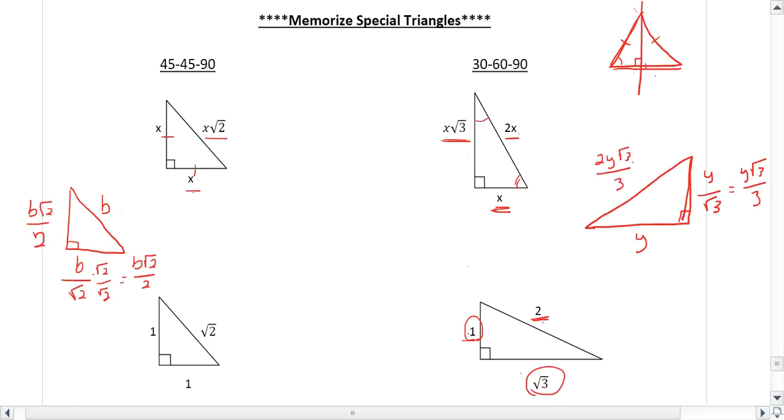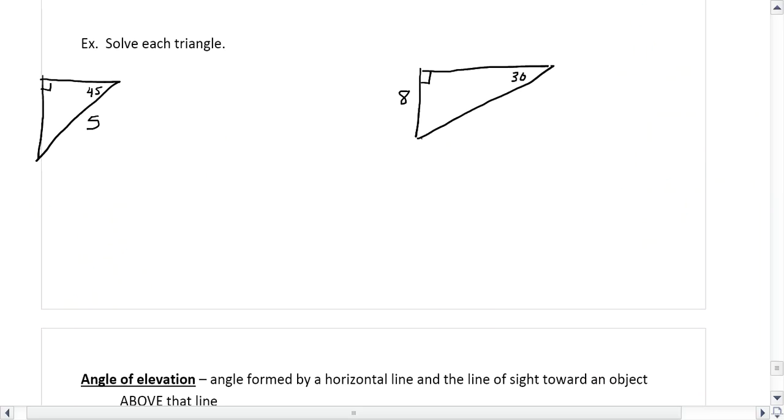So let's try a couple of these. When asked to solve the triangle here, the advantage to knowing these special cases is that it saves you a ton of work. You could use trig here to find the other 2 sides, because we know this third angle is also 45.